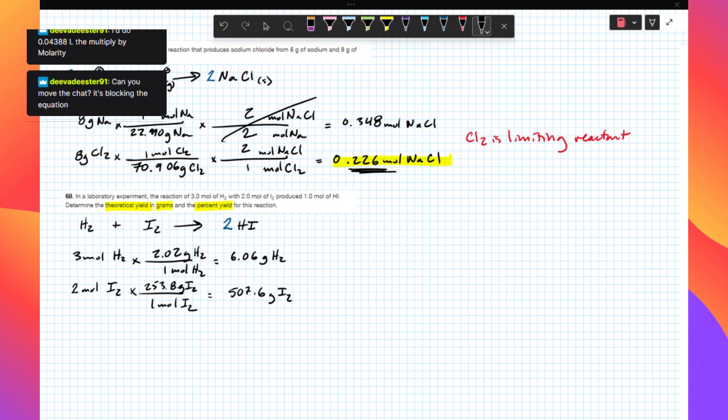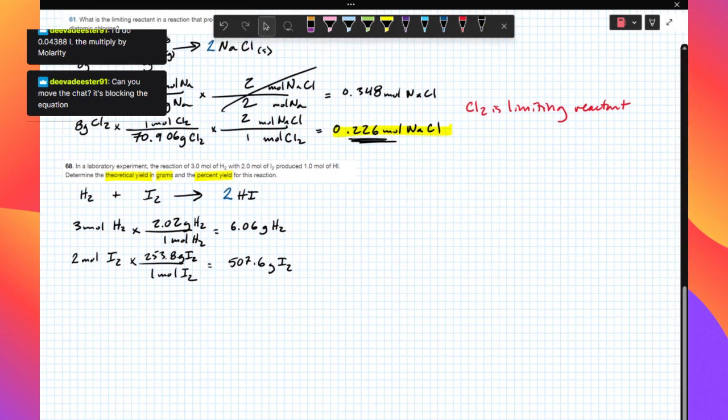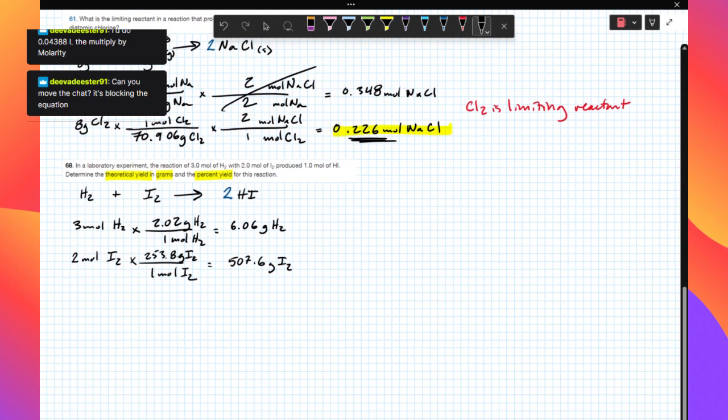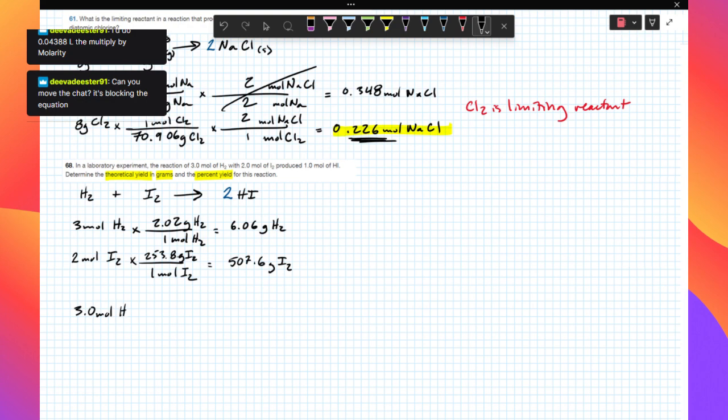What we do need is the stoichiometric relationship. So we were on the right track with moles of hydrogen, but what we need is the relationship of moles of hydrogen to moles of hydrogen iodide. And for that relationship, we had 2 to 1.